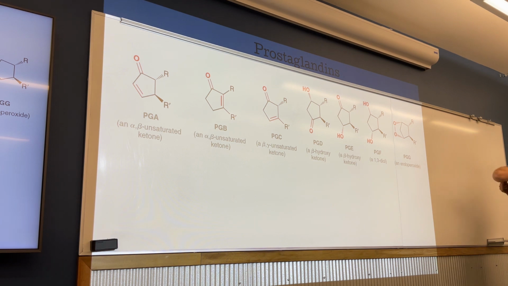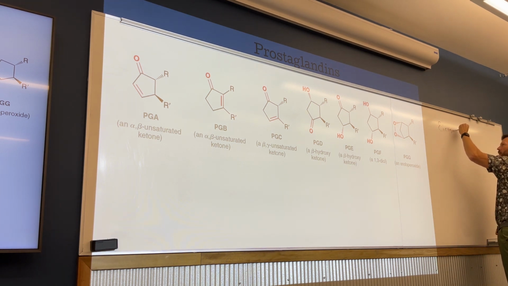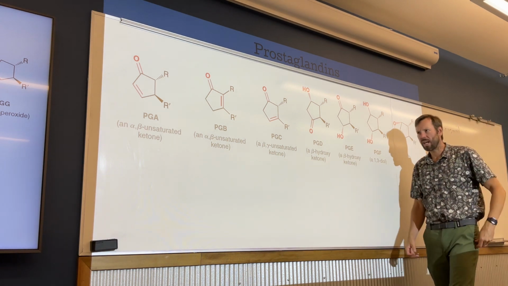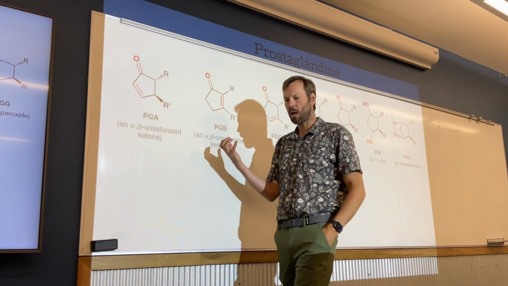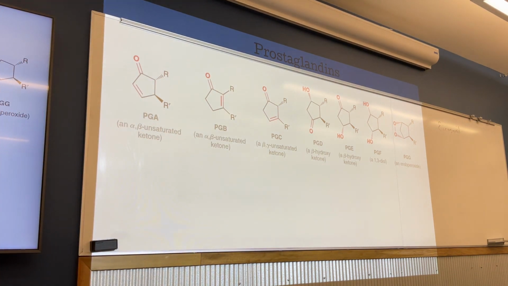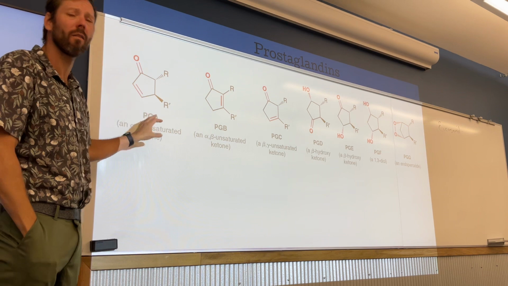Prostaglandin is a type of eicosanoid, which is a type of lipid. Okay? Prostaglandin is a very common eicosanoid, and very biologically relevant. And there are all different types of prostaglandins.